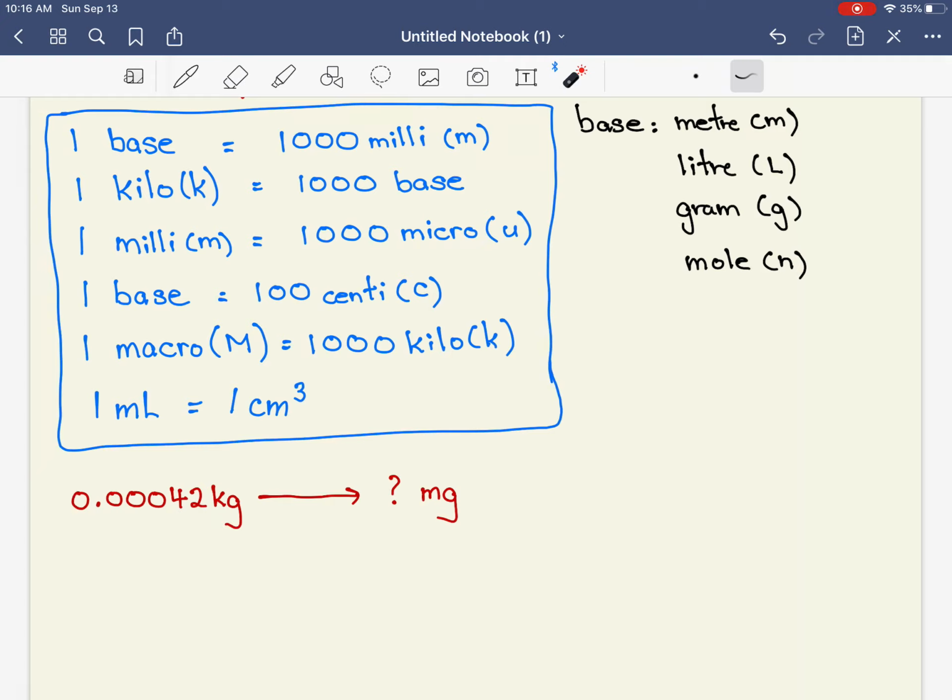Sometimes things are not as clearly stated as they are, so maybe, just maybe, you have to do just a little bit more. As I've mentioned, I do have kilo to base, and I do have base to milli. So it looks like I might have to do things more than once, don't I? Let's do that.